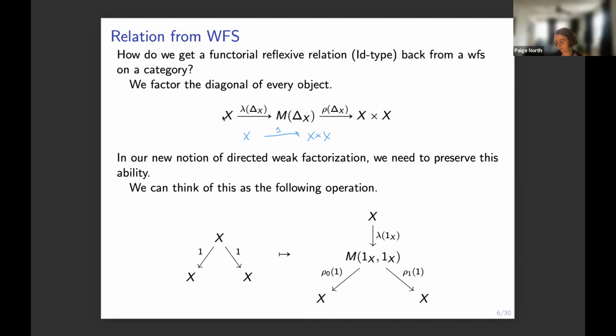If we're not in a category with products, then the diagonal map is really equivalent to a span like this. And when we factor through the identity type or the path object, we're factoring this span into a shape like this, if again we don't want to suppose that we have products. So it's what's really going on in the background when we unravel what we're using the product to express.